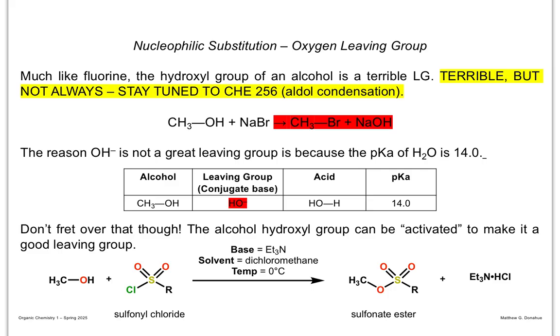What about if we started with methanol, and we wanted to substitute the alcohol of methanol for bromine? Well, it turns out that you can't do that.